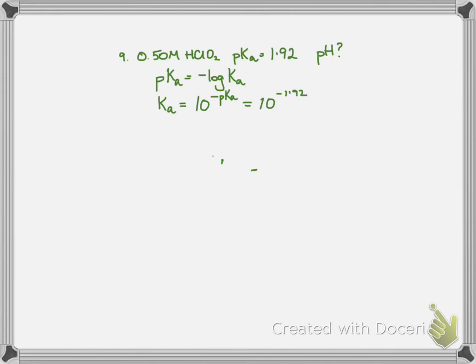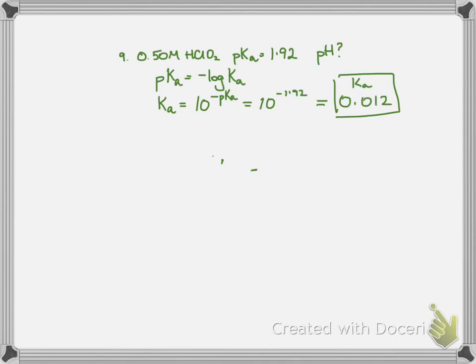And that turns out to be 0.012. So I know that Ka is equal to that, 0.012. And now we can do our standard ICE box calculation.